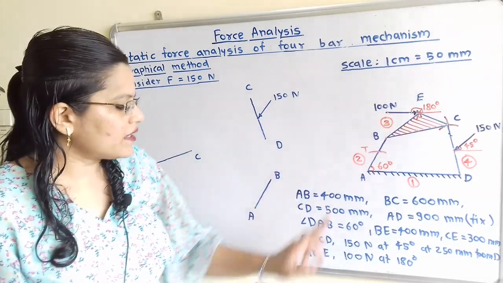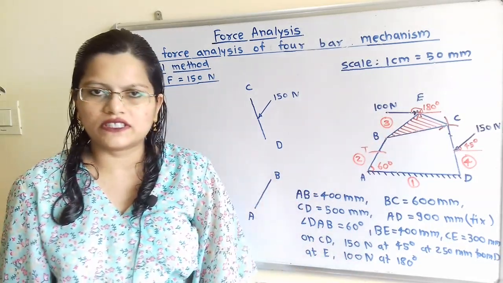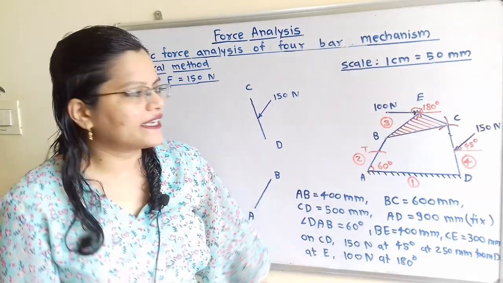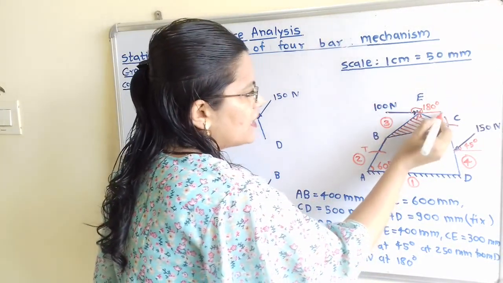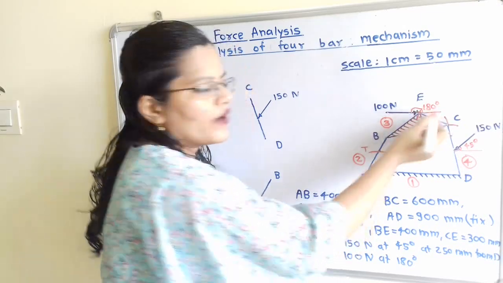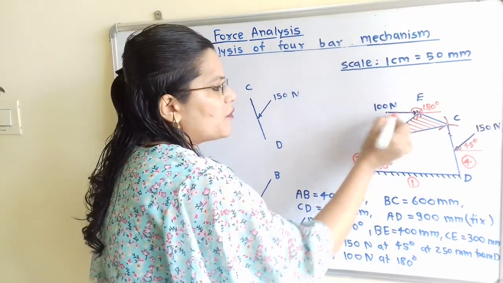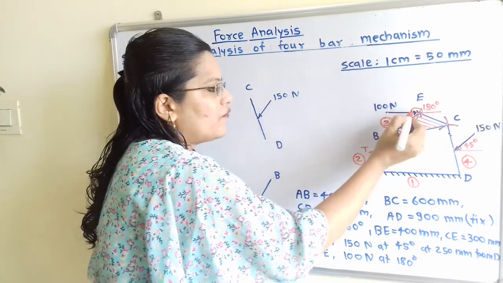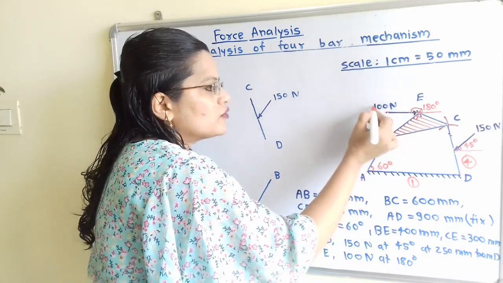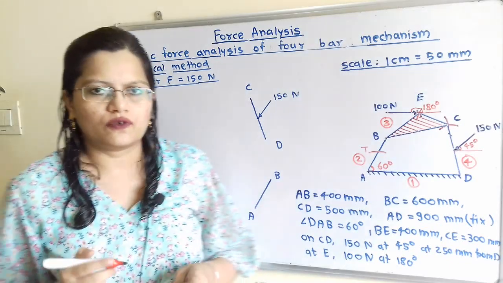Now at point E also 100 Newton force is there, but it is at 180 degree angle. So at point E we will draw here horizontal line, and we will take angle of 180 degree, and this force acts at point E. So we have to show the direction of force towards this point E. So this is the 100 Newton force.